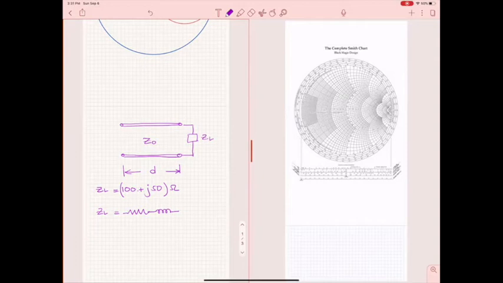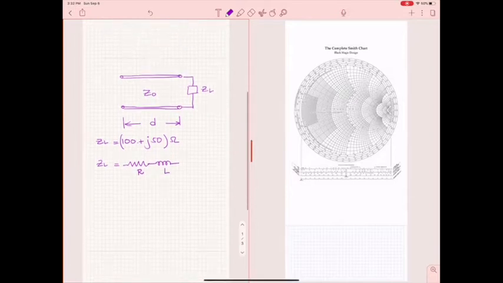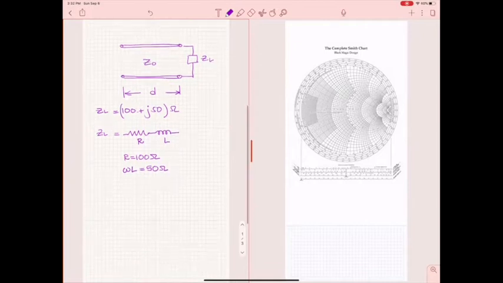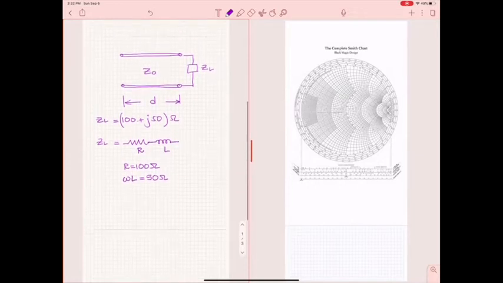If I were to think in terms of a circuit, and that has an inductor, then R is going to be 100 ohms and omega L is going to be 50. Do you agree? Yes, ma'am. All right, thank you. I'm asking because I don't see anybody, and I'm just lecturing to my notes, so I need to hear that there is some response.